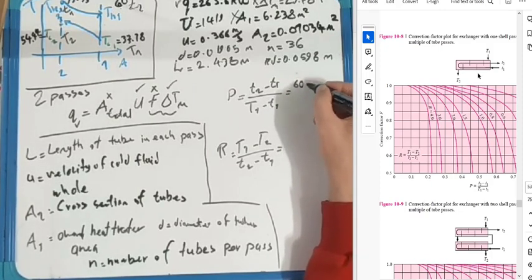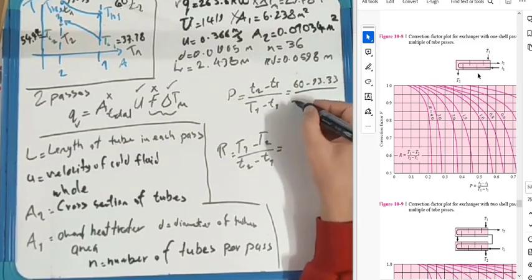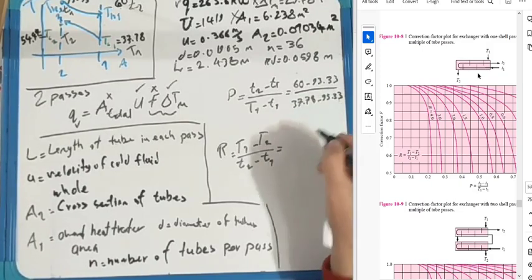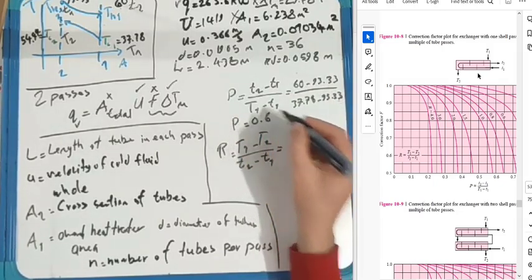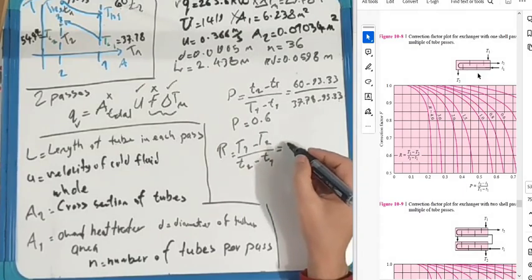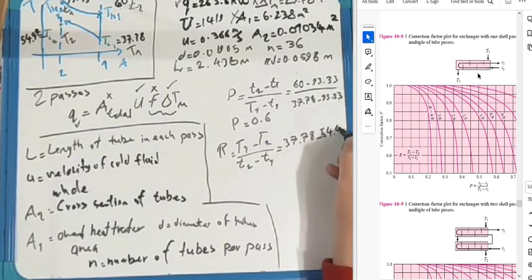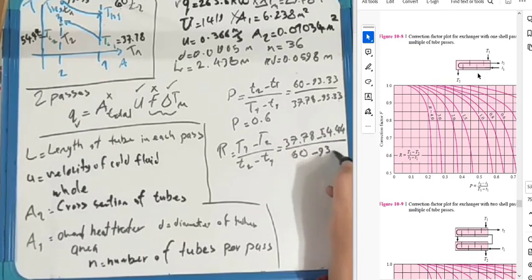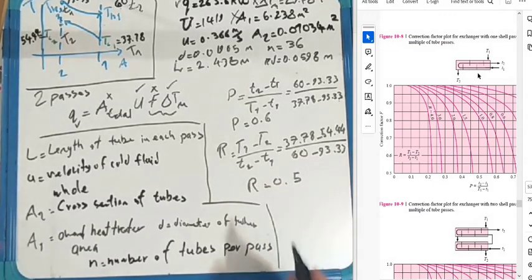Okay, if you do that, 60 minus 93.33 divided by 37.78 minus 93.33, P would be 0.6, and for capital R, 37.78 minus 54.44 over 60 minus 93.33, R will be 0.5.